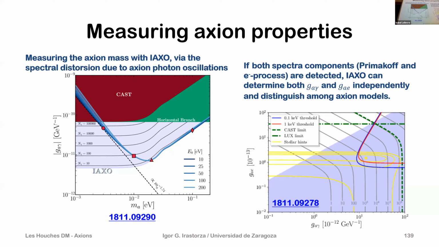And if we are lucky and we see both axion-photon and axion-electron induced signals, then the overlap of both populations can be used to extract independent information and determine both couplings independently from a positive signal in JAXO. This is studied in this paper, and this is the region of parameter space in which this could be done, if we are lucky.